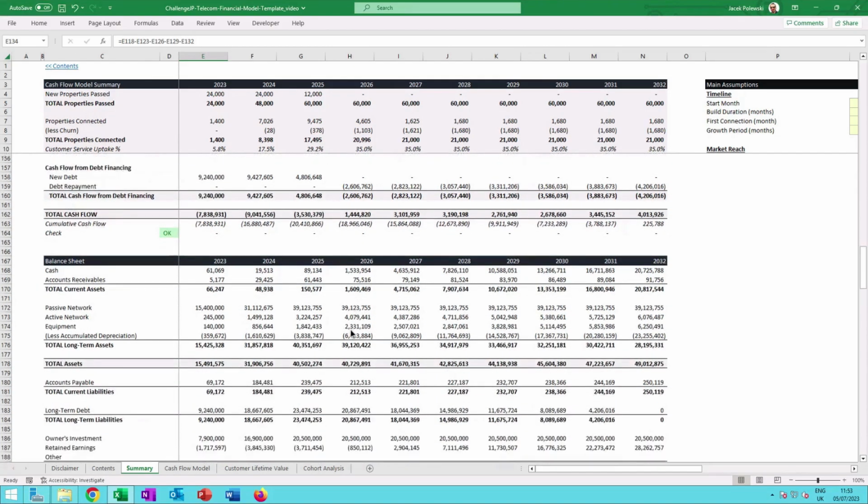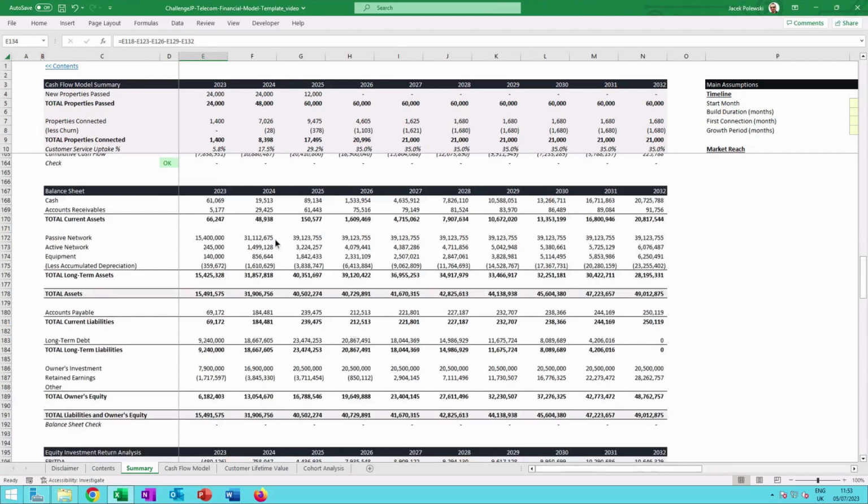Then I also have the balance sheet in here, where all of the statements are linked to each other. So that allows you to calculate your current and long-term assets, and also any liabilities, and the owner's equity, which some of the line items here will be linked to the table below. The most important thing is that you always want to make sure that your balance sheet checks.